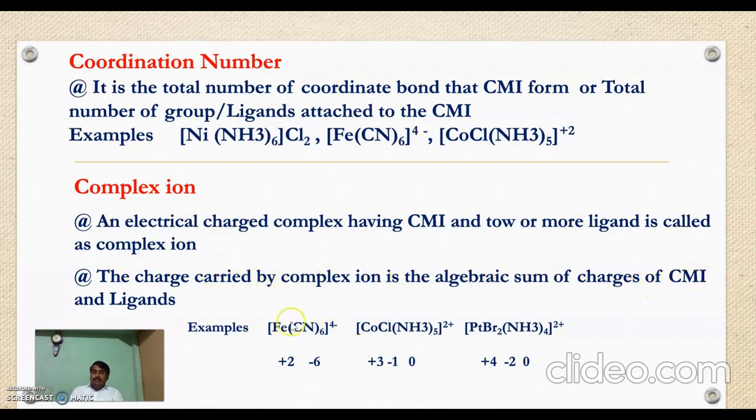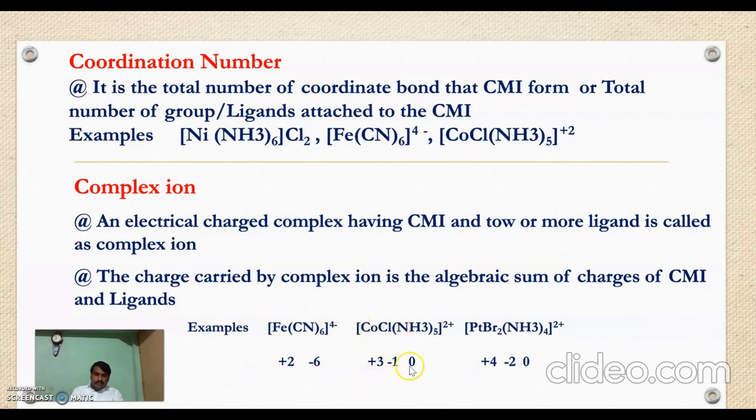For example, in this first example, hexacyanoferrate, the more stable oxidation state of iron is plus 2, so iron carries plus 2 charge, and each cyanide carries minus 1 charge. Here the number of cyanide is 6, so minus 6. Plus 2 minus 6 is equal to minus 4. That is the charge on the complex ion.